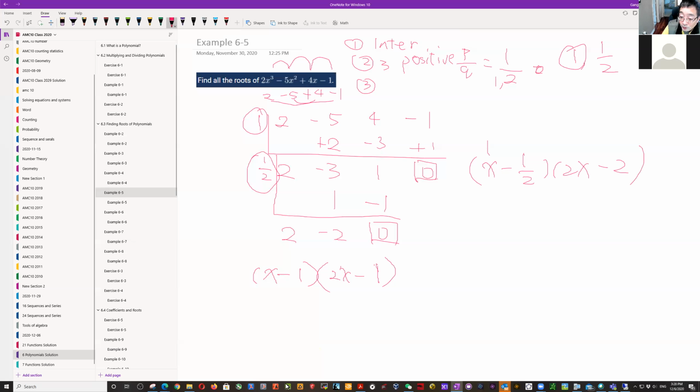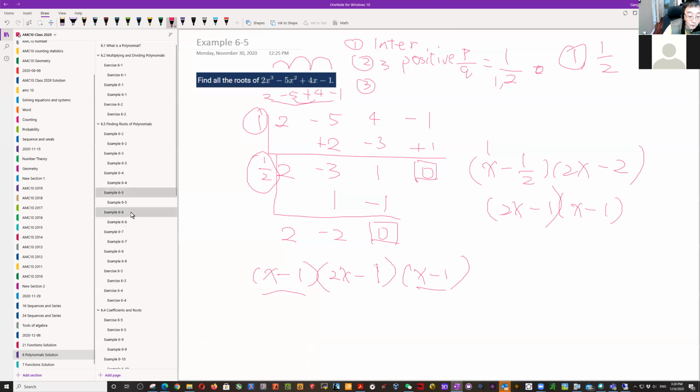You can extract this 2 out, it becomes x minus 1, and the extracted 2 multiplied up here gives 2x minus 1. So basically, x minus 1. So it is a double root plus another fraction root. So we are able to use guessing to figure out all of these.